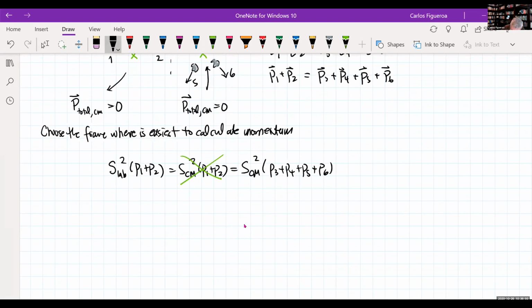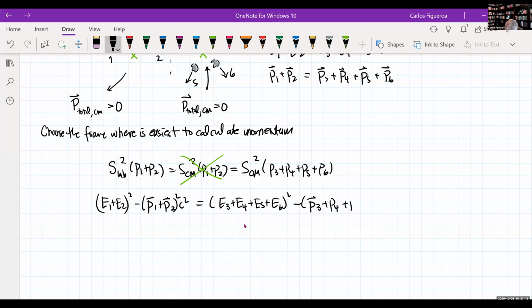Well, in this case, I'm going to have the energy of 1, 2 squared, plus the momentum vectors of 1, 2. And then when I look at the center of mass frame for 3, 4, 5, and 6, I write 3, 4, 5, 6 squared. And then when I look at the momentum of the particles, because this is the center of mass frame, you're seeing here that the total momentum in the center of mass is 0.